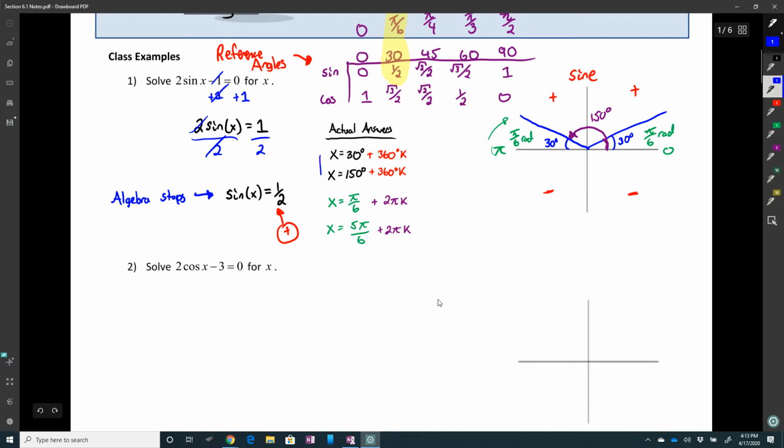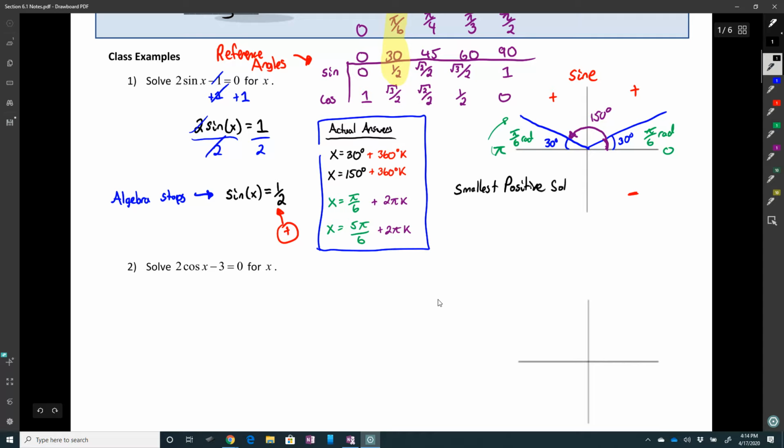Oh, and on the homework, they make a big deal about giving generic answers and then giving answers just between 0 and 360. So in one rotation, the smallest positive solution. And so if you want just the smallest positive solutions, that's going to be 30 degrees and 150 degrees.